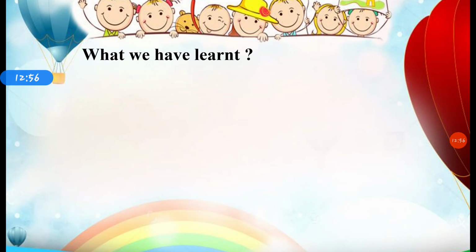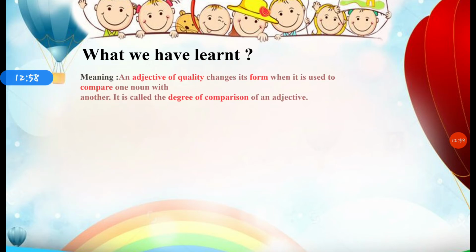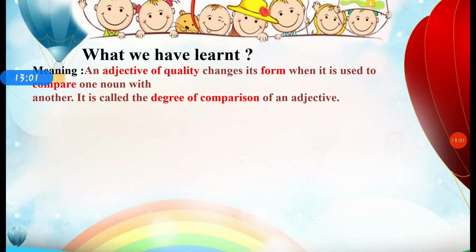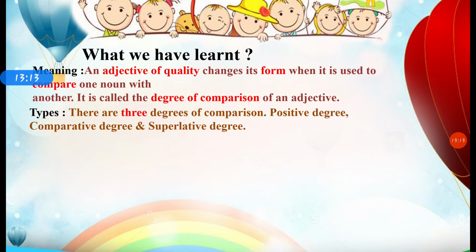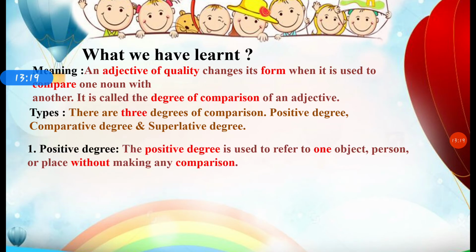So students, what we have learned in this video: an adjective of quality changes its form when it is used to compare one noun with another. It is called the degree of comparison of an adjective. There are three types of degree of comparison: positive degree, comparative degree, and superlative degree.